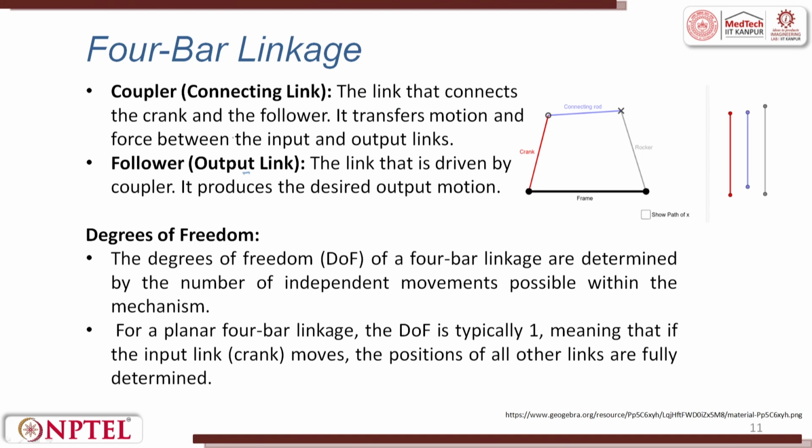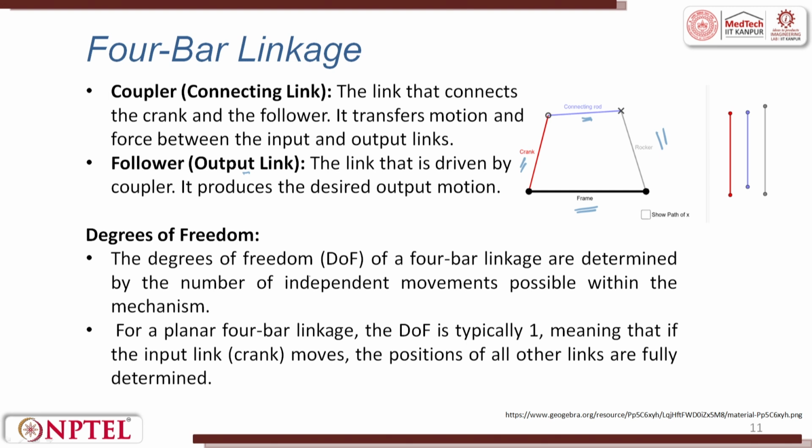So, the link that connects the crank and the follower transfers the motion and force between the input and output. So, the base is called the frame, this is called the crank, this is called the connecting rod, and this is called the rocker. Now, once this is done, the next important thing is degrees of freedom.